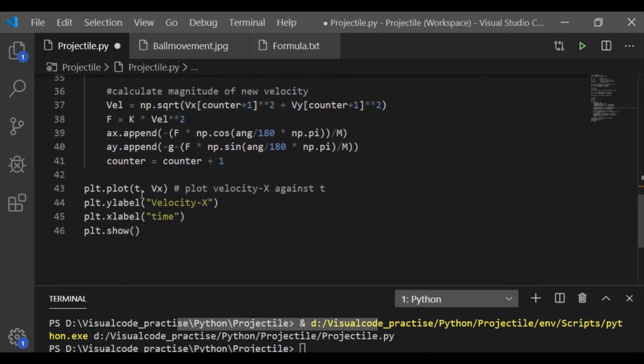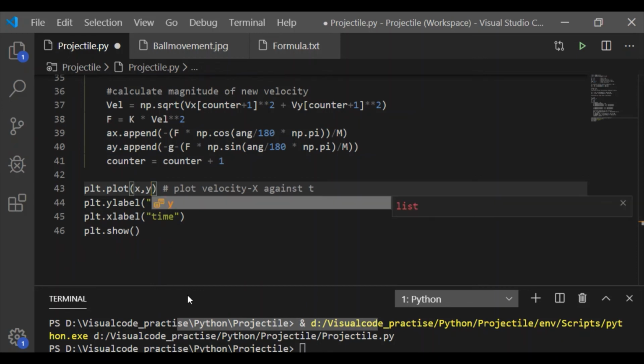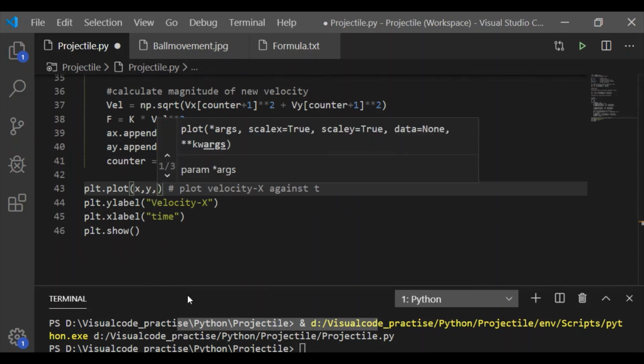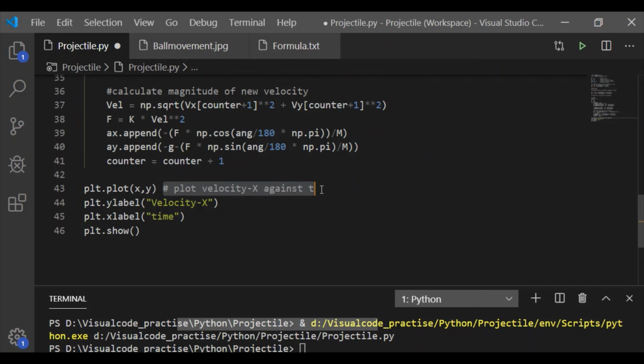The range of x and y gives us the trace of the movement of the ball in two dimensions, that is xy.